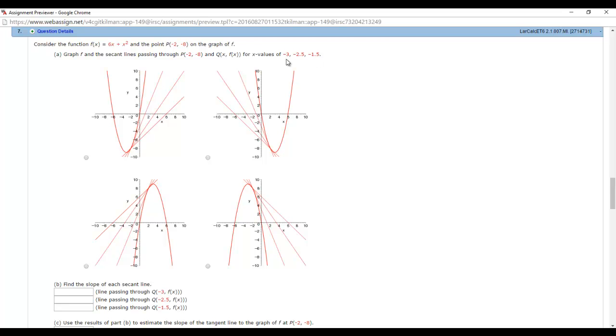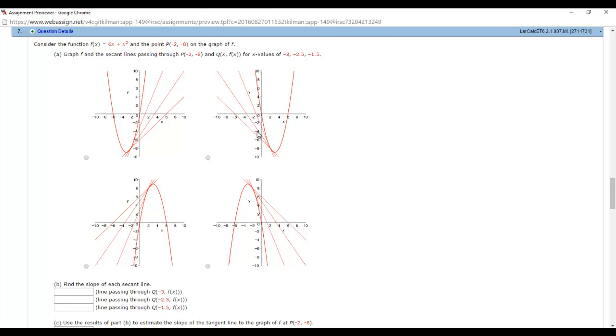Now notice they don't give us other ordered pairs. They give us other x values. So we need to find first, okay, when x is -3, what is y? When x is -2.5, what is y? When x is -1.5, what's the corresponding f of x value.